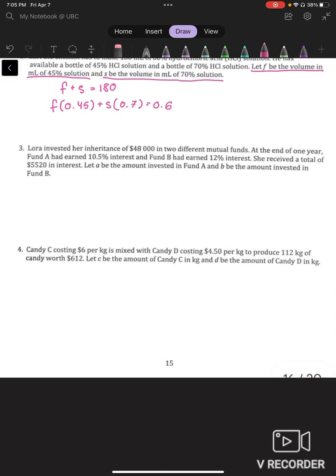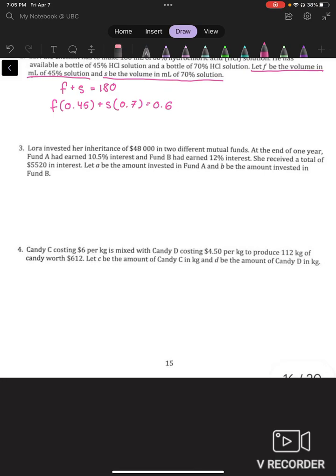For number 3, Laura invested her inheritance of $48,000 in 2 different mutual funds. At the end of 1 year, Fund A had earned 10.5% interest and Fund B had earned 12% interest. She received a total of $5,520 in interest.